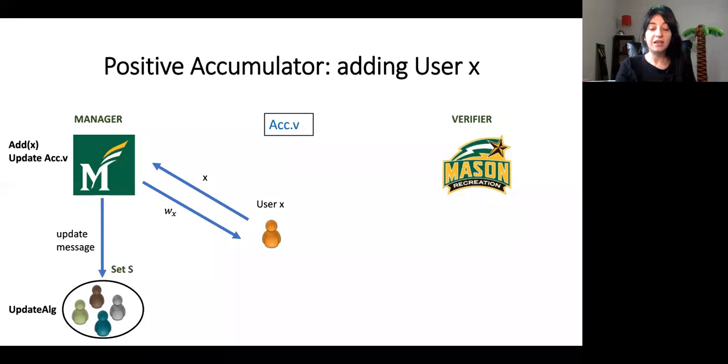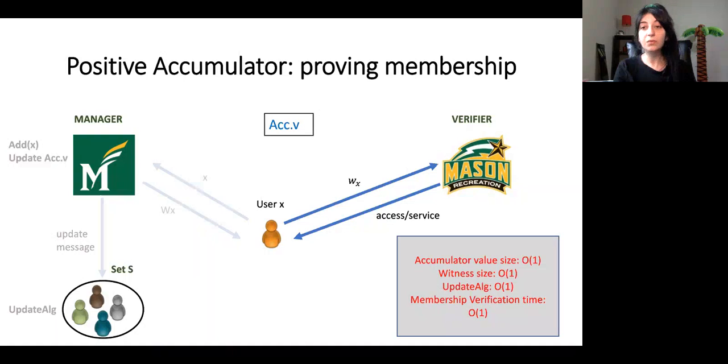And then user X would send that witness to the verifier, and the verifier would use the witness and the accumulator value to verify membership. This way, we can have a constant accumulator value, a constant witness size, and a constant time to update the witnesses and also verify membership.